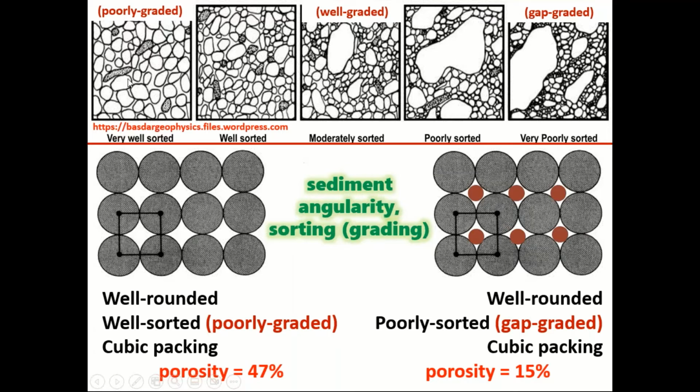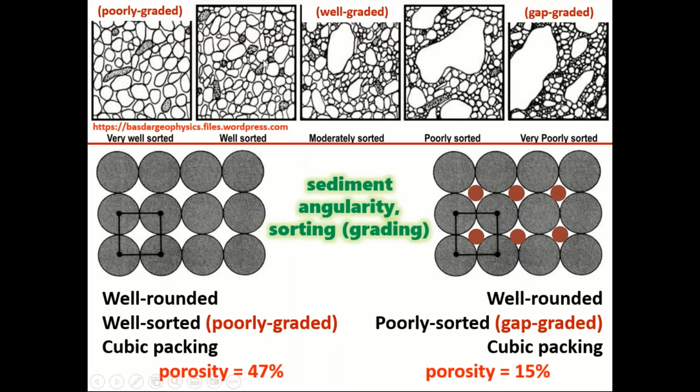So on the left, in geology world we would call that a very well sorted sediment. In engineering world, that would be called poorly graded, right? And then of course the far right diagram is just the opposite. We have something called very poorly sorted from geology, but gap graded with respect to engineering terms.